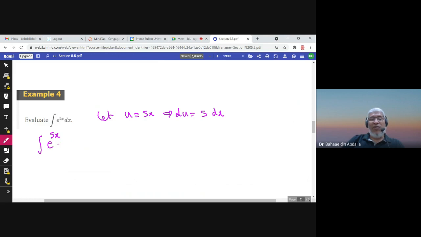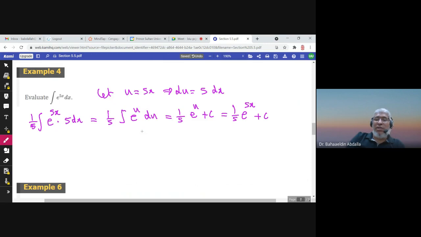I need 5 dx. I can do that if I divide outside by 5. So I can write it 1 over 5 integral e to the power u, and 5 dx is du, and this is an easy integral, and the integral of e to the u is e to the u plus c. So the answer would be e to the power, go back to x, replace u by 5x plus c. So this is the solution.